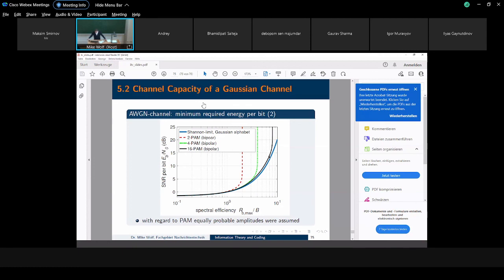And I can tell you just as a conclusion, we now have codes which are very close to this minus 1.59 dB for binary transmission. But it's much more difficult to obtain with real-world coding these limits described by the Gaussian distribution at high SNRs.